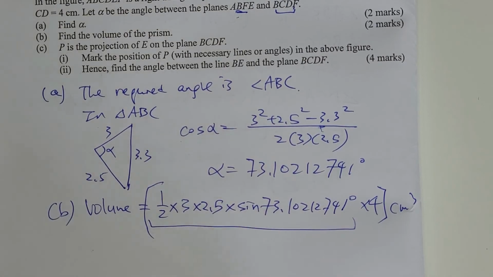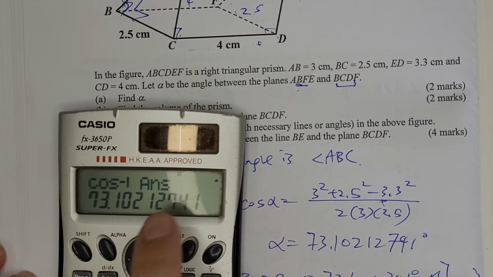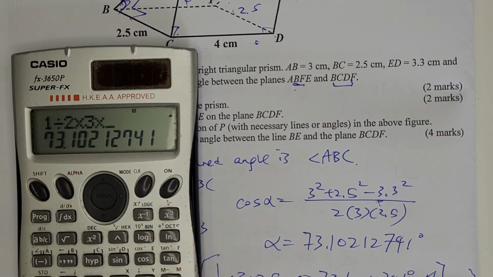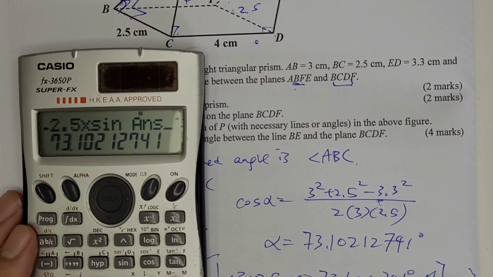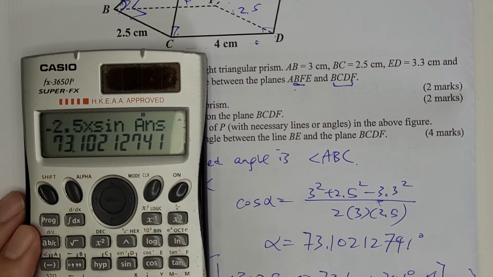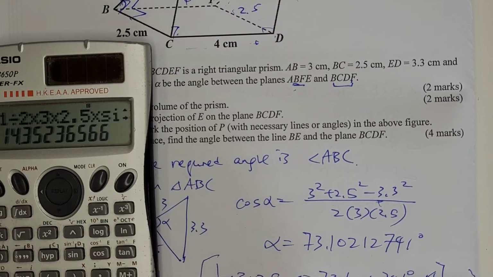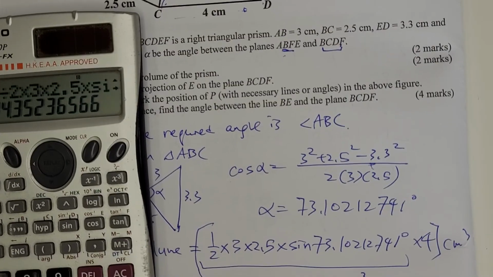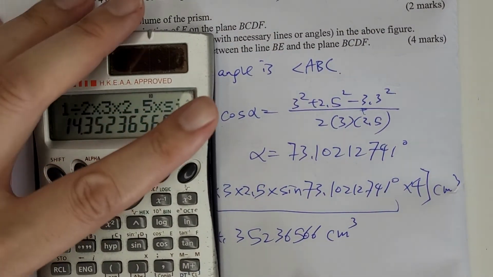Unit cm cubed. Okay. Don't press 0. Keep this. You can press 1/2 times 3 times 2.5 times sine of this angle. I press answer. This means I recall this angle, times 4 and then EXE. You will get the answer 14.35236566 cm cubed. Again, you take 3 significant figures by yourself, okay?